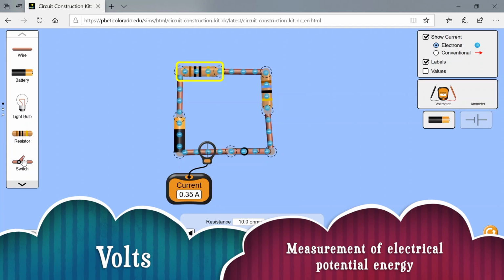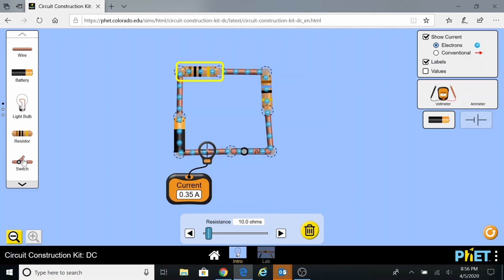Now, a lot of people, and we will be using this because it is a common shorthand, call this voltage. Voltage is in fact the units that we use to measure the electrical potential of a battery. But electrical potential is really the term, so most people just say voltage.